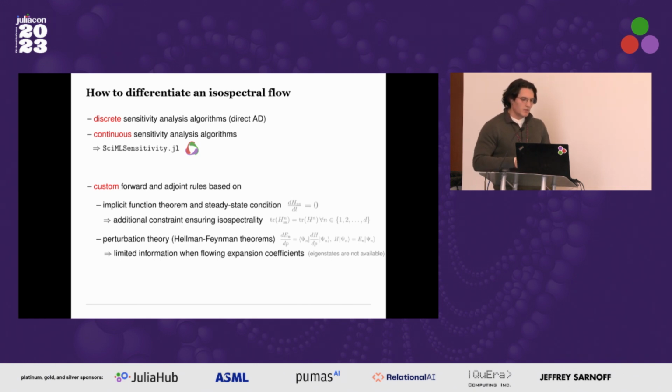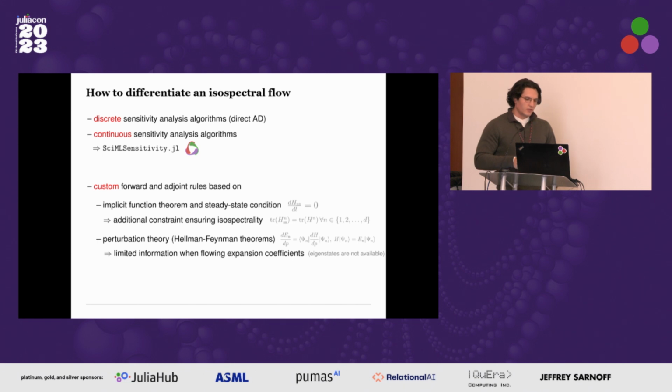But if we put in a bit more structure of our problem, for example by noticing that we are solving a system of ordinary differential equations, we could use the continuous sensitivity analysis algorithms embedded in SciMLSensitivity.jl. And if we go even further and put more structure into the problem, we can do this by defining custom forward and adjoint rules, which is made really easy with ChainRules.jl.